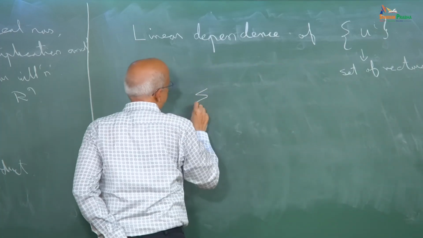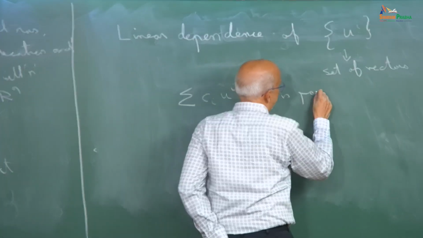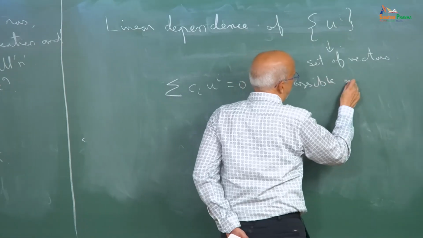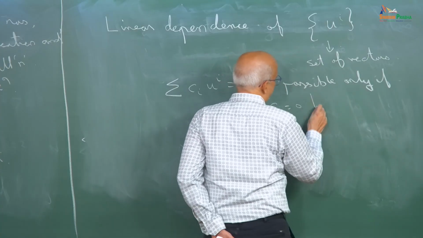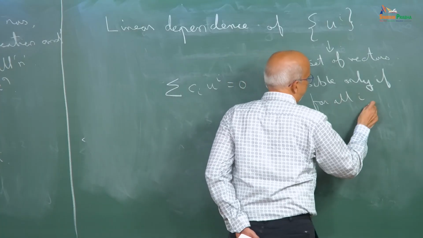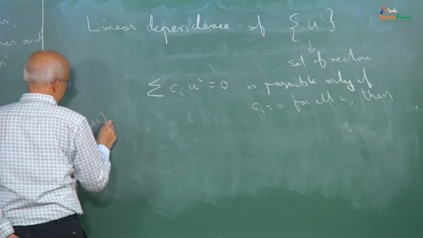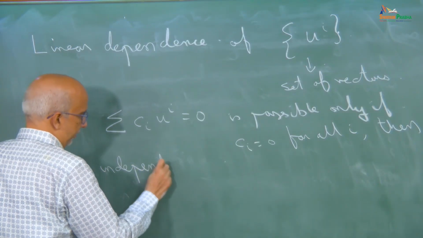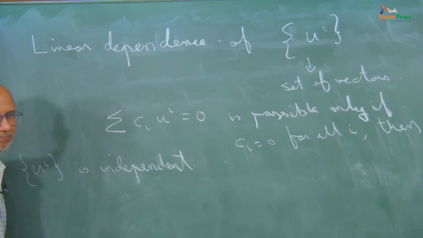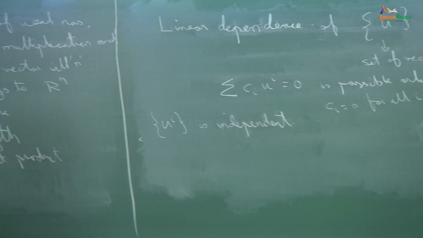So, if the sum of Ci ui equal to 0 is possible only if Ci equals 0 for all i, then ui is independent. But even if one Ci is non-zero, okay, then I say it is dependent.